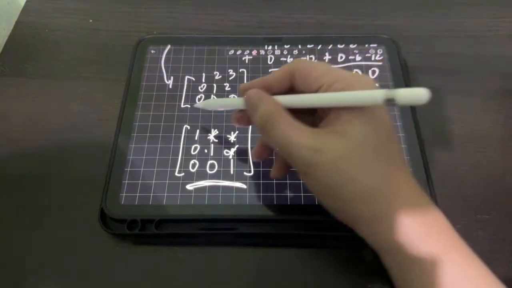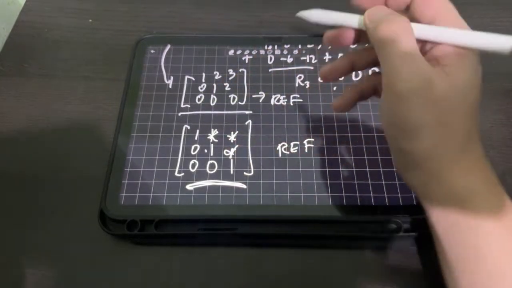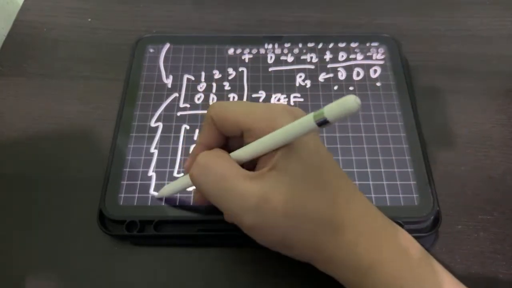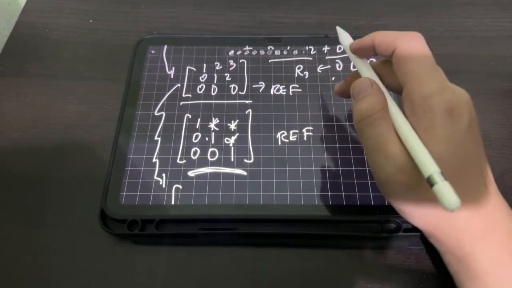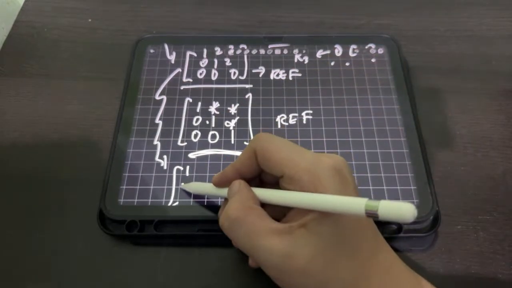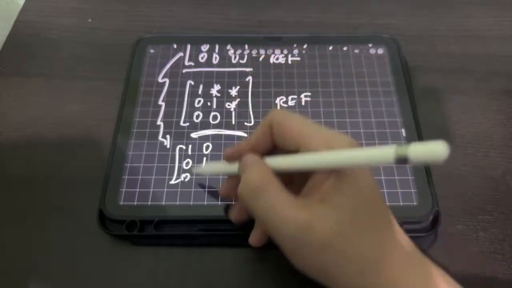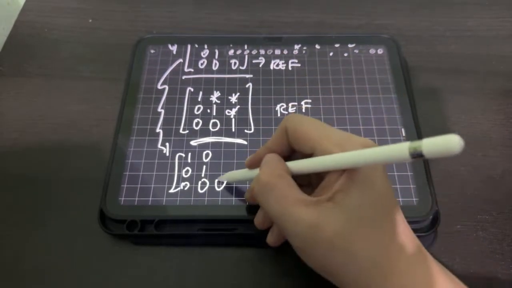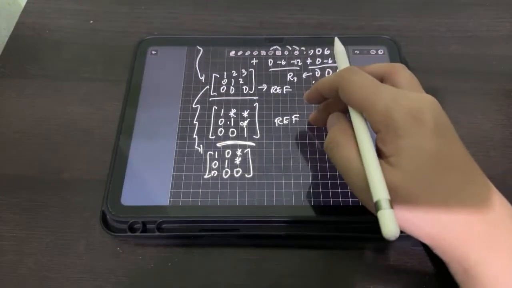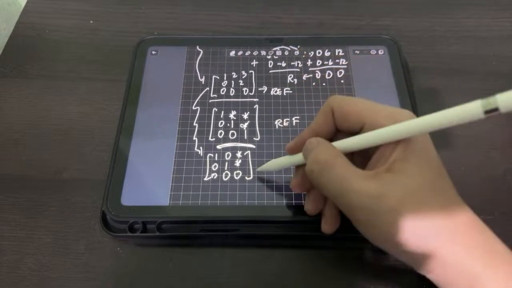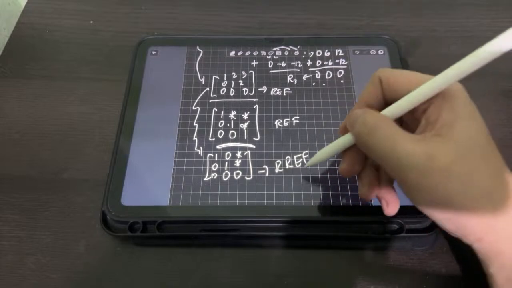So if we convert this into RREF, the form of RREF should be 1 0 0, and then 0 1 0, then 0 asterisk asterisk. Okay, so this is the RREF form.